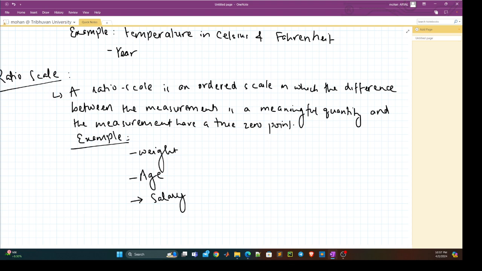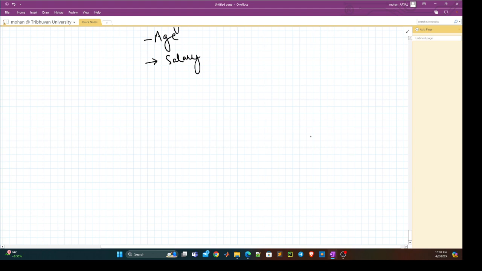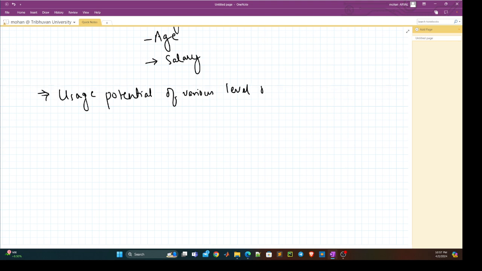And according to the usage potential of various levels of data, first one will be ratio.